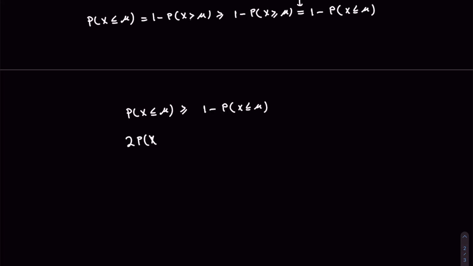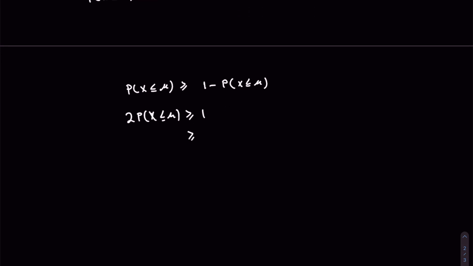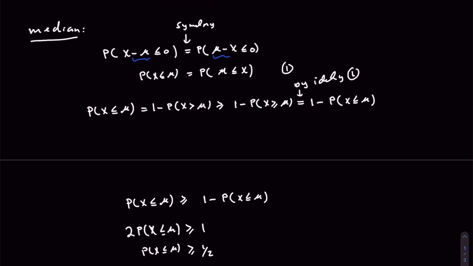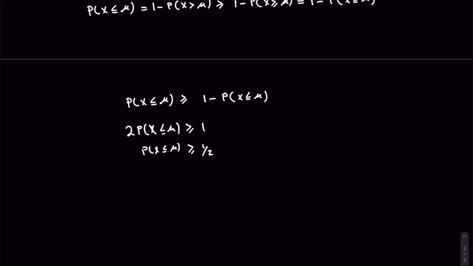We get 2 of it, and that must be larger than a half. Right, we divide by 2 on both sides, and here by identity 1 again, we can replace this with that, basically flipping the inequality.